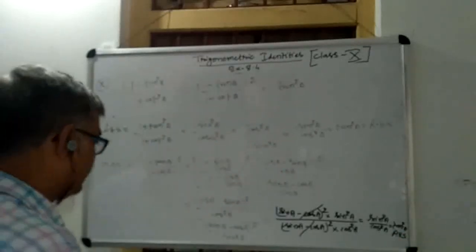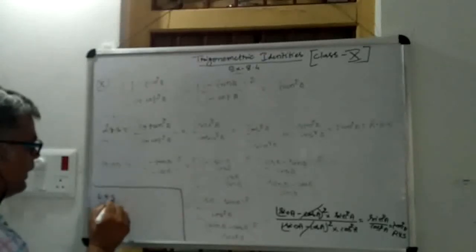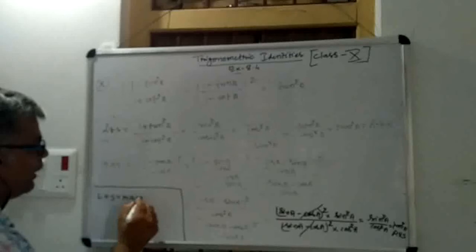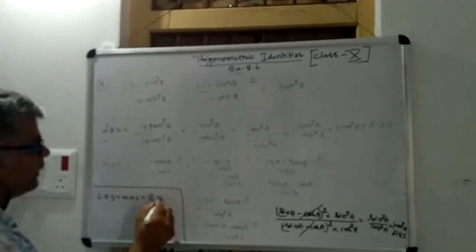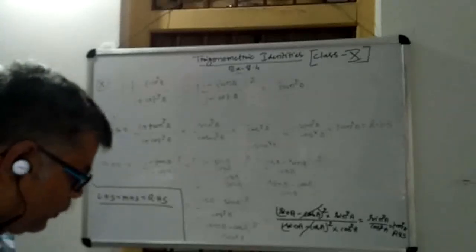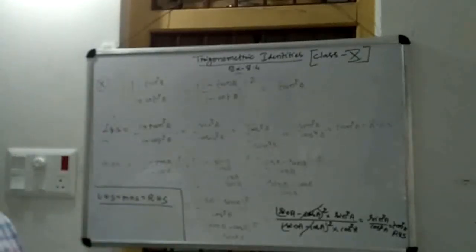So you see here that LHS is equal to MHS is equal to RHS. So these all three parts are equal here. In this way you can prove this identity.